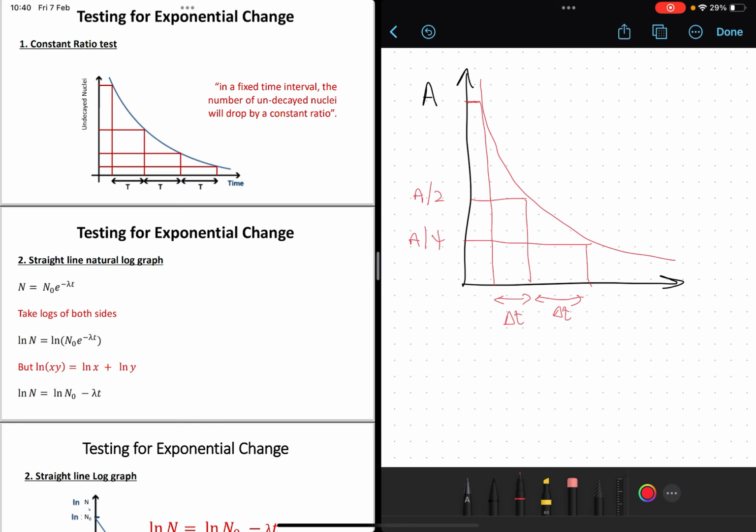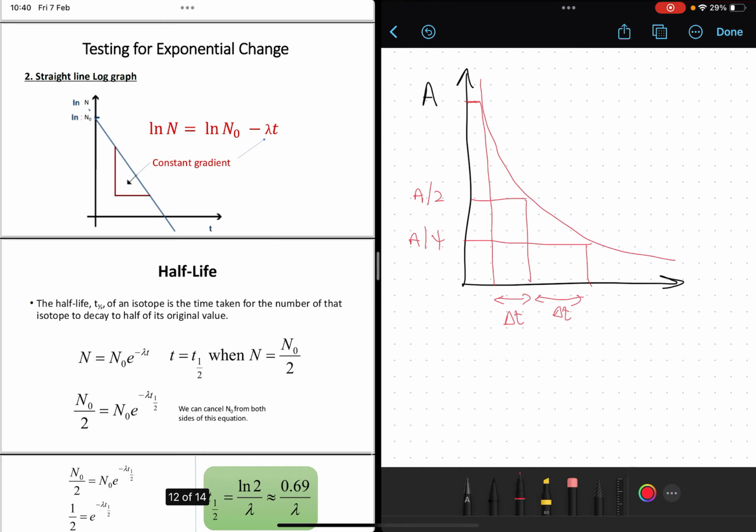Or in other words, in a fixed interval of time, the number of undecayed nuclei or the activity of that source will change by a constant ratio. So this is great if we've already got data plotted and we just want a relatively quick and straightforward test.